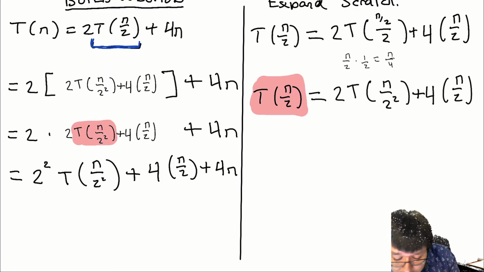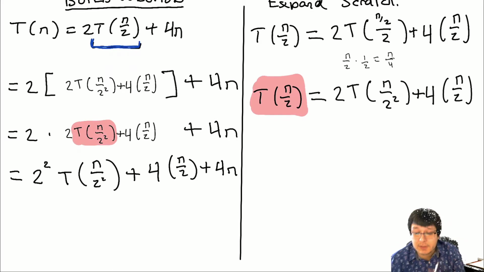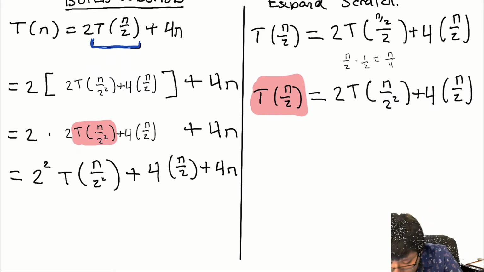Sorry, I forgot to multiply. Technically speaking, the brackets do have a tiny purpose there, which is multiplication, right? I got to multiply 2 times both terms here. So this 2 here is being multiplied for this whole thing.